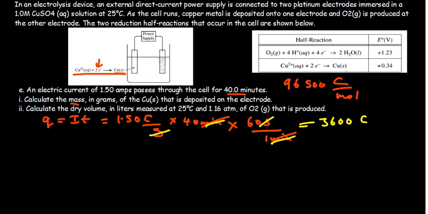So let's use dimensional analysis to help us come up with an answer. So we have 3,600 coulomb as our charge. I'll get the Faraday's constant.